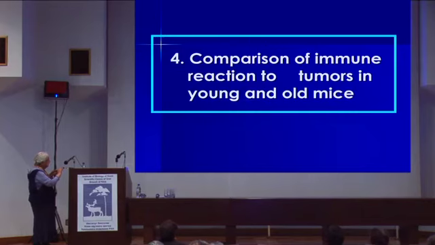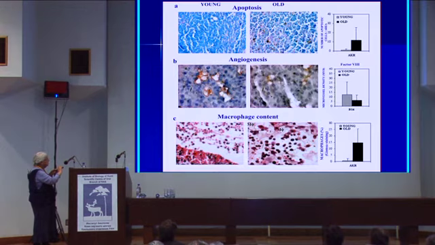We then compared the immune response, and we look only here, since you have seen already. The macrophage content is much more evident in tumors from old than from young mice.